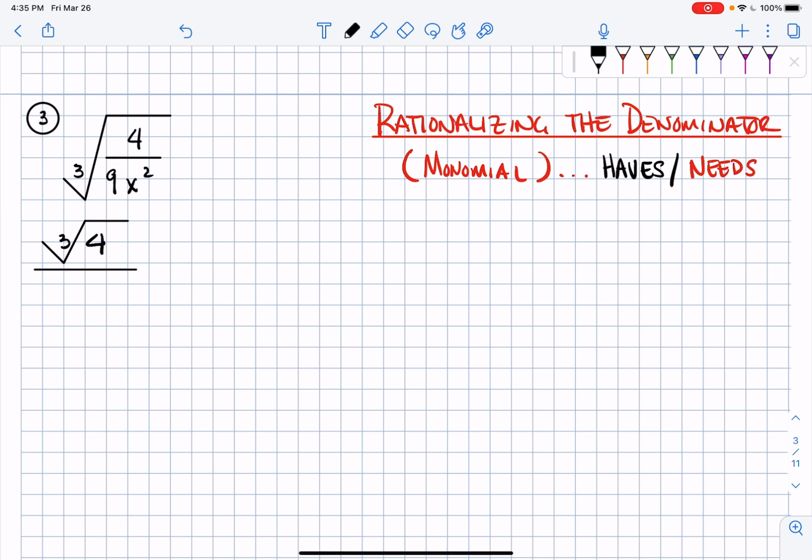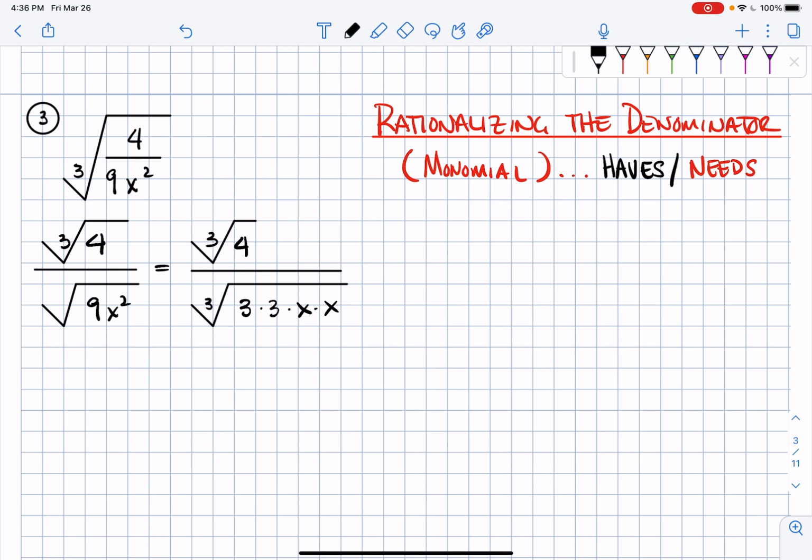over the cube root of 9x squared, right? And we said that that would be equal to the cube root of 4 over the cube root of 3 times 3 times x times x, right?